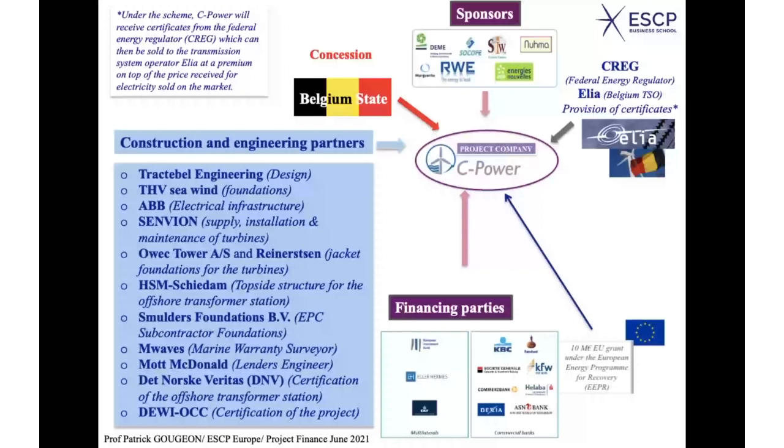It's a way to value the CO2 emission saving, which will impact the cash flows, because these certificates, which are given by Elia, can be sold back with a certain value in the market. And all that is under the control of CREG, which is the Federal Energy Regulator.